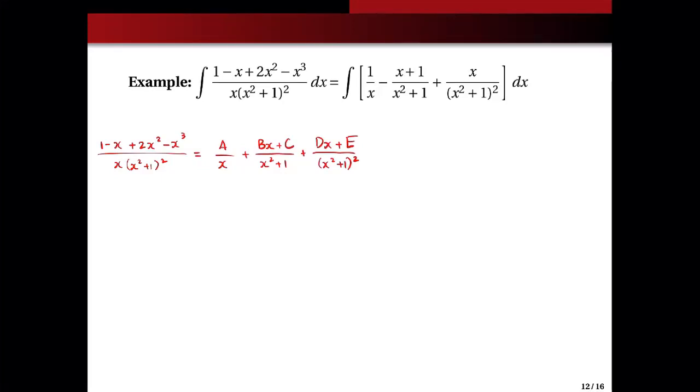And then you do the same process. You solve for the values of A, B, C, D, E. If we combine into a single rational expression, the denominator will just be x times x squared plus 1 quantity squared. And then we have A here. The denominator of A is just x, so I am missing x squared plus 1 squared.